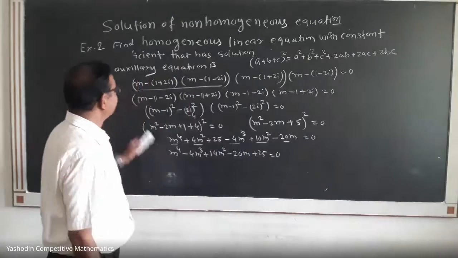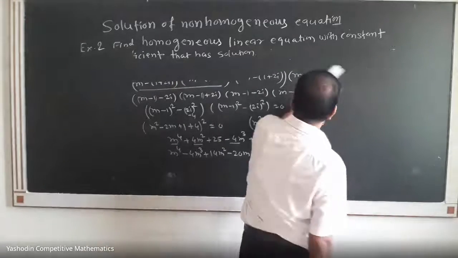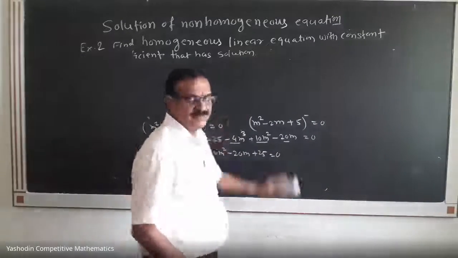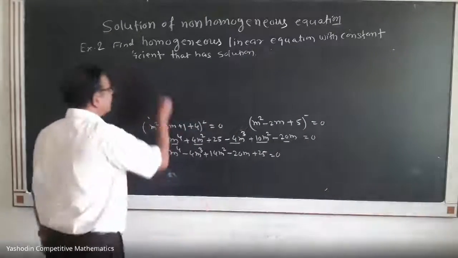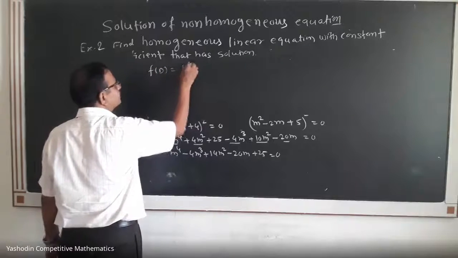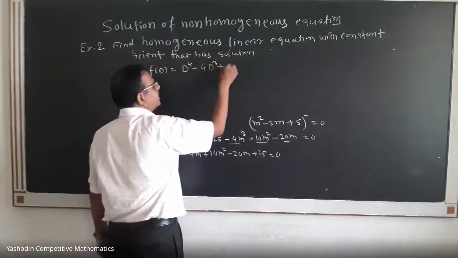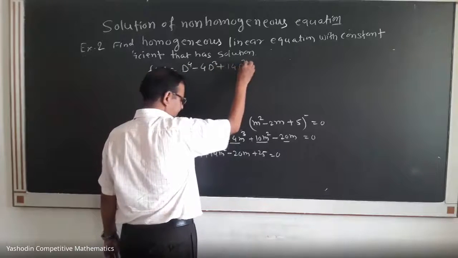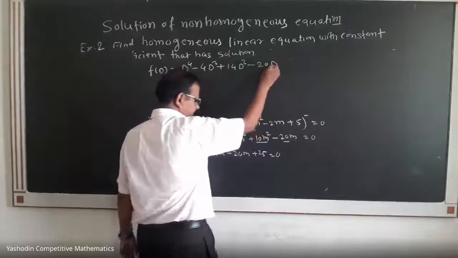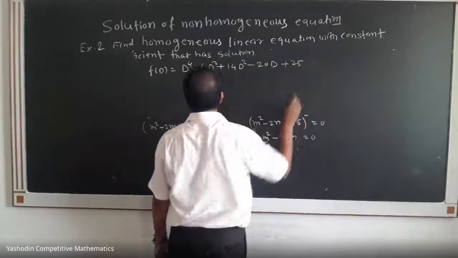Now, from that auxiliary equation, we can write f(D) by replacing m by D. Therefore, f(D) equal to D raised to 4 minus 4D cube plus 14D square minus 20D plus 25. This is f(D).